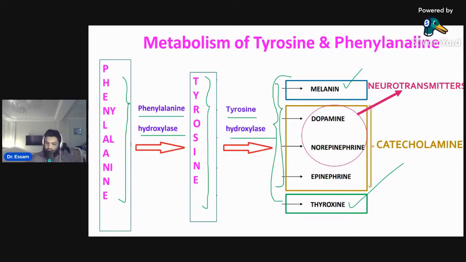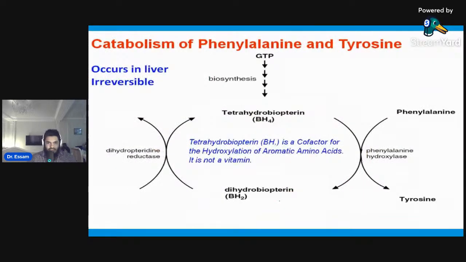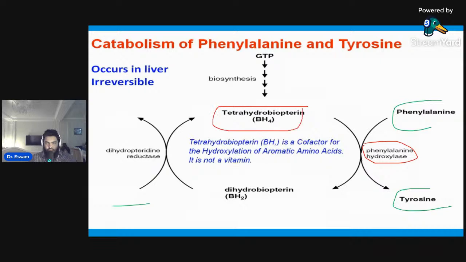Right. What else did we study? Yes, we saw that for the conversion of phenylalanine to tyrosine, which two things do we need? We need phenylalanine hydroxylase and we need tetrahydrobiopterin.